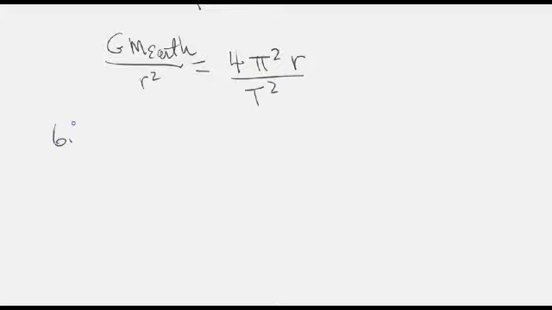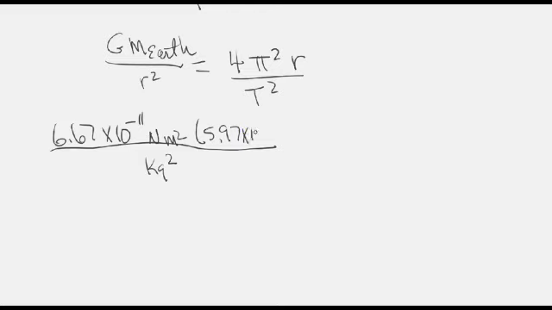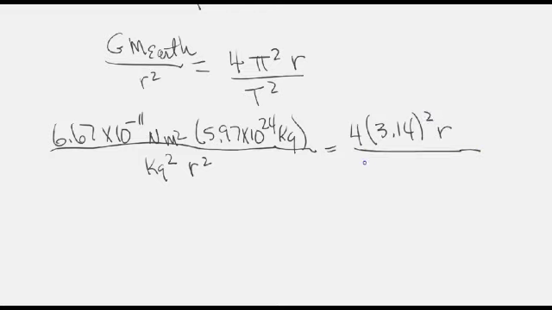G is 6.67 times 10 to the minus 11 Newton meters squared over kilograms squared times the mass of the Earth, 5.97 times 10 to the 24 kilograms, over the radius squared, equal to 4 pi squared, with pi as 3.14 for our purposes, times r over T squared, and T is 8.64 times 10 to the 4 seconds, so you have to square that.